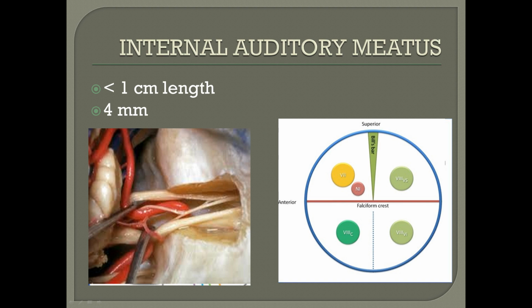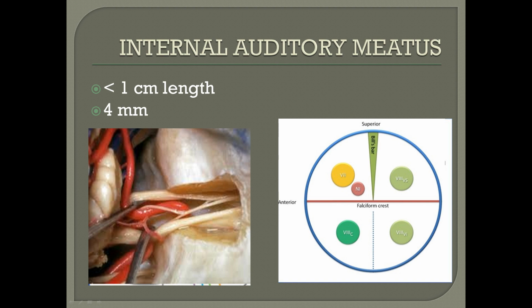This canal is divided into superior and inferior parts by the falciform crest, and the superior part is further divided by Bill's bar, which is a bony projection coming from superior. It divides into two parts, anterior and posterior. In the anterior superior part of this canal, we can see the facial nerve motor component as well as the nervus intermedius.